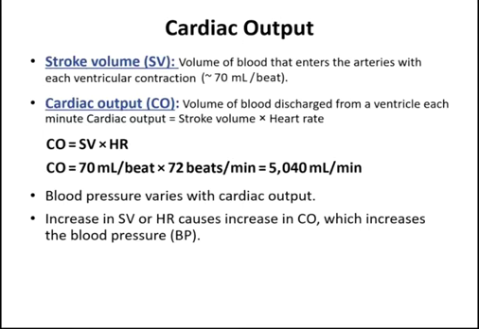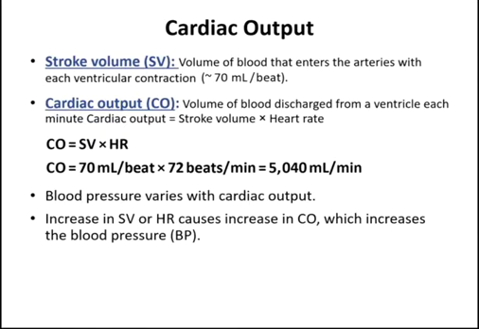That kind of makes sense. If you're measuring how much blood is moving out of the ventricle in a minute, you have to take stroke volume times heart rate. So if we use the normal numbers, normal stroke volume is 70 milliliters per beat, and we have 72 beats per minute, and we come up with 5,040 milliliters of blood per minute.